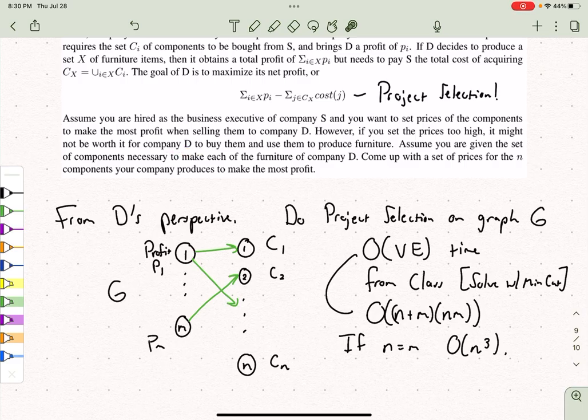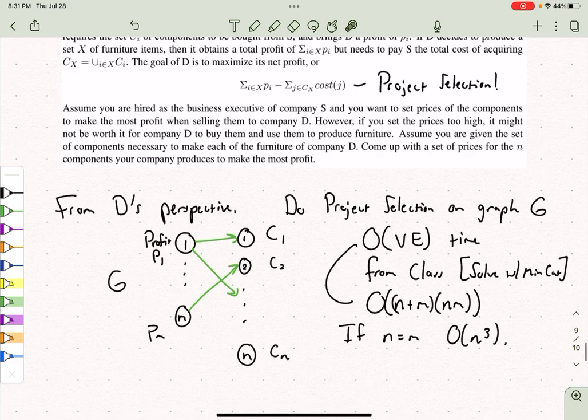So obviously, we need to pick these prices, these costs, so that company D would still profit. But it might profit very little, just barely above zero. So your goal is to come up with these prices that gives company S the most profit, but still encourages company D to build stuff.